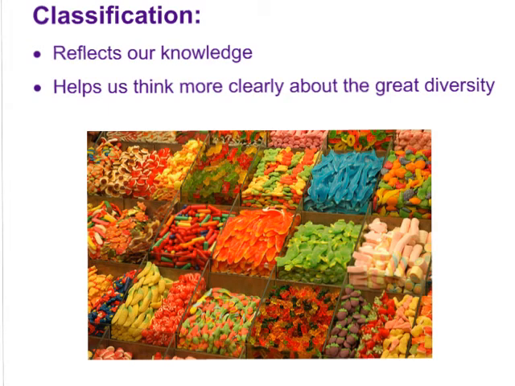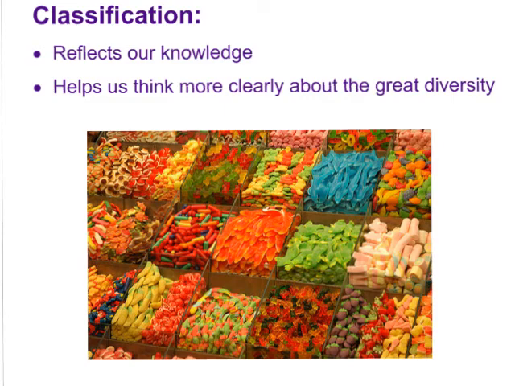Now, if you'll remember at the beginning of the unit, we conducted a little exercise where we all got to play taxonomist and classify candy into different groups. If you would have looked around at some of your neighbors and other students in the class, you'd see that not everybody classified in the same way. Some people did, and some people did not. And some people even used similar classification headings, but the candy that they put in there was different.